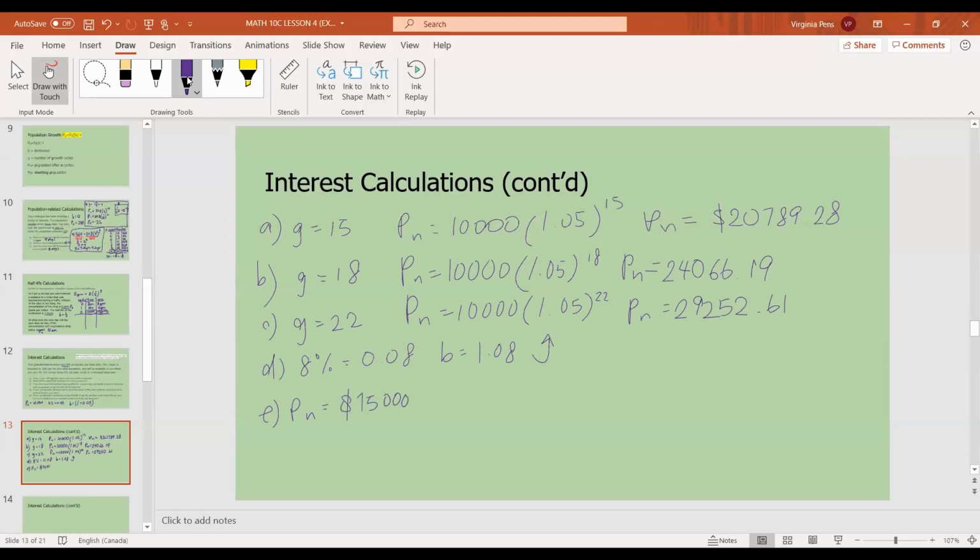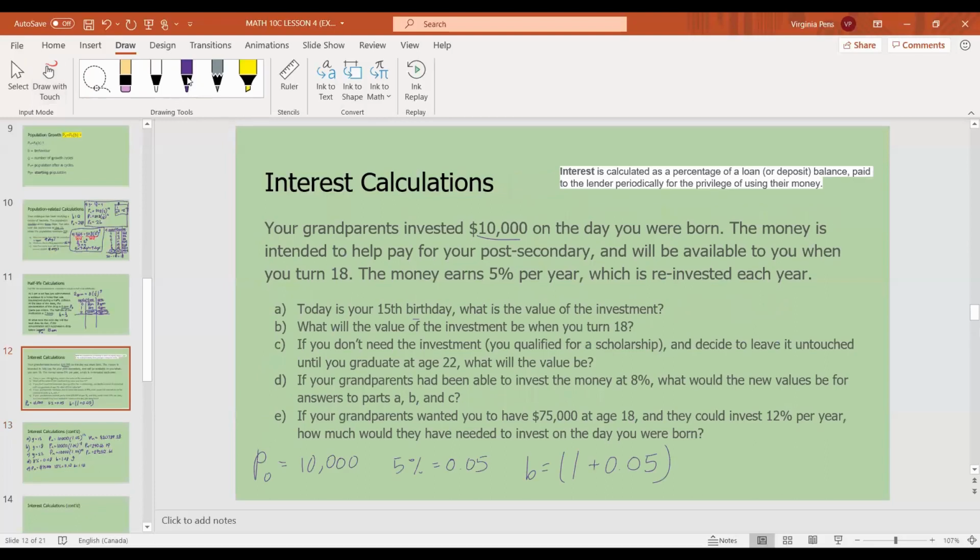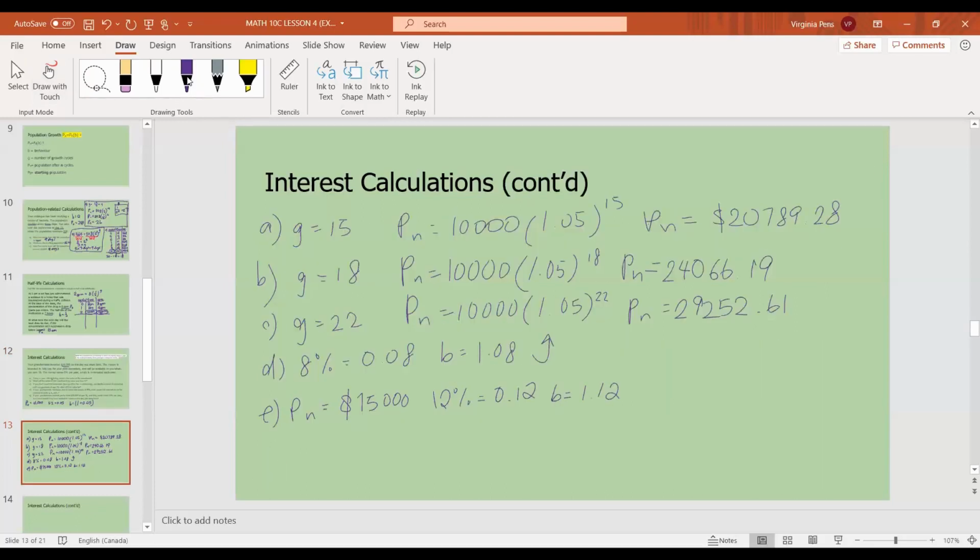And they also gave us a different interest rate, 12%, which means the behavior is now 1.12. Did they give us any other new information? No, that's it. We're also given a G value of 18.